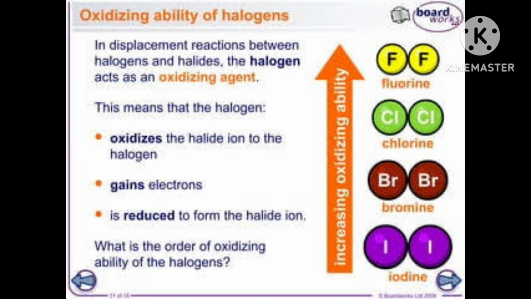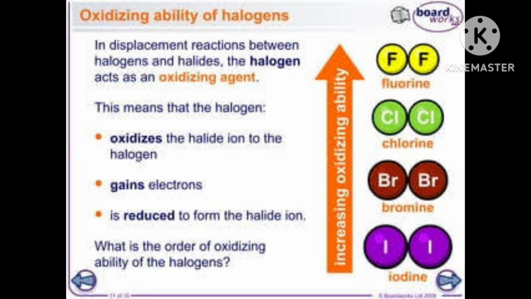Fluorine oxidizes water to oxygen, whereas chlorine and bromine react with water to form the corresponding hydrohalic acid and hypohalous acid.